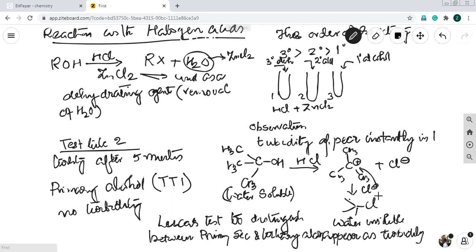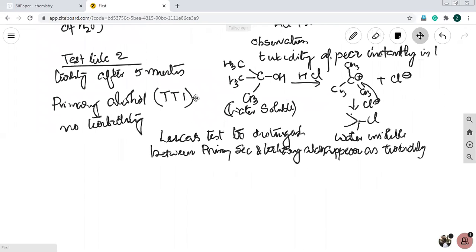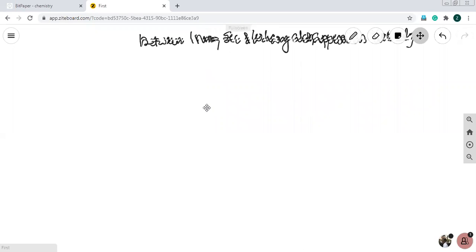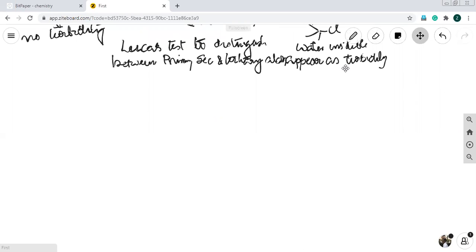So we have seen 2 tests for alcohol. Number 1, iodoform test.